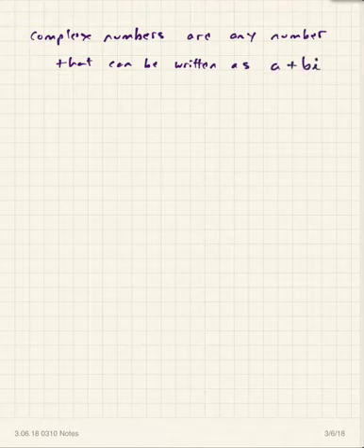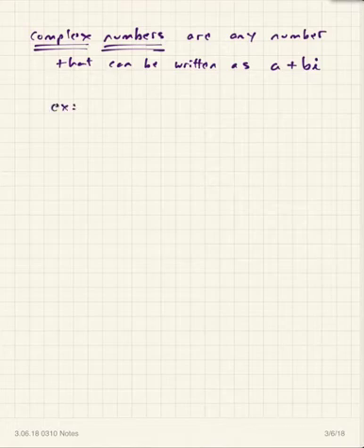A number that can be written in that form, a plus bi, is called a complex number. And you'd be surprised to find that the complex numbers, it's a different set than you might think ordinarily. So these are examples of complex numbers.